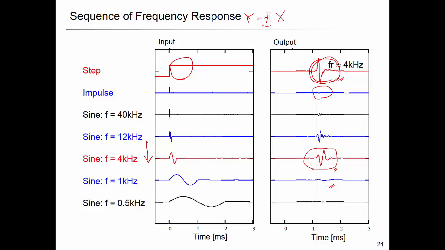So the resonant frequency of the soil is low, could be maybe like 1 kHz. So then when you apply the step signal, this moves at the frequency of 1 kHz.